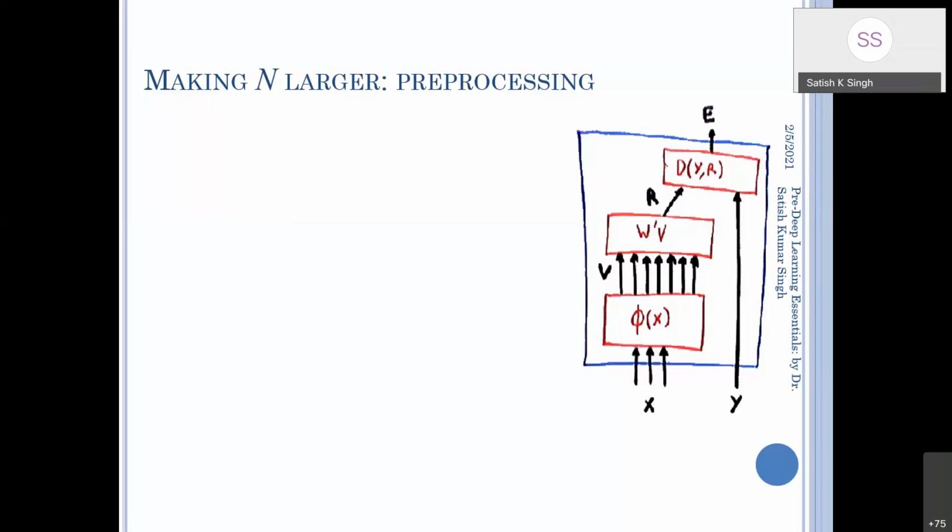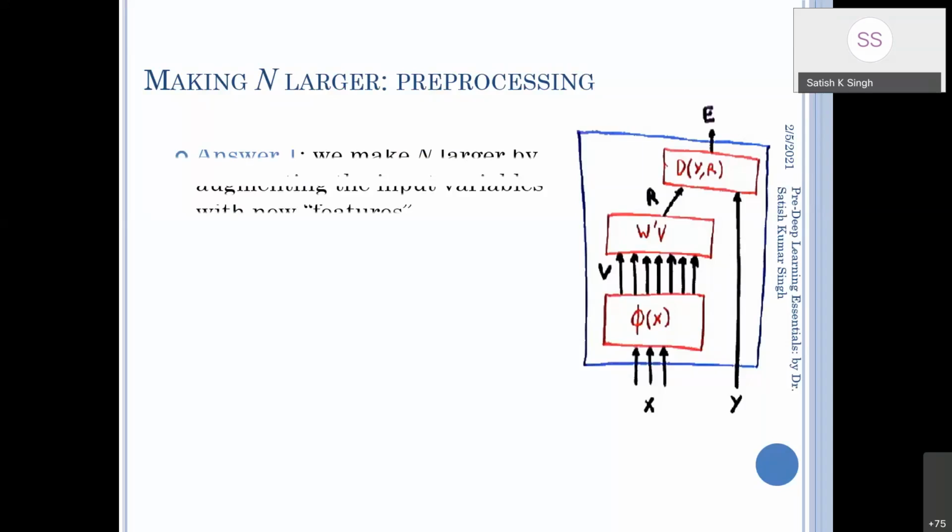If the dimension of the input vector is simply 10, and the number of hidden units is 100, then we are projecting from 10 to 100, and then we do the classification in that 100-dimensional space. So we are just following Cover's theorem. We are not doing anything new.